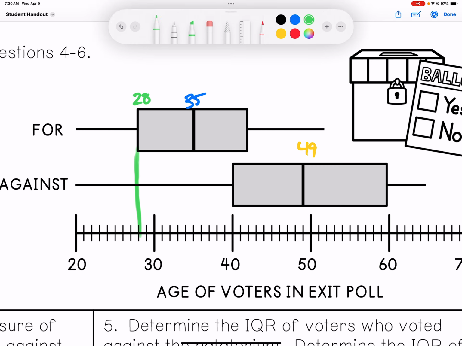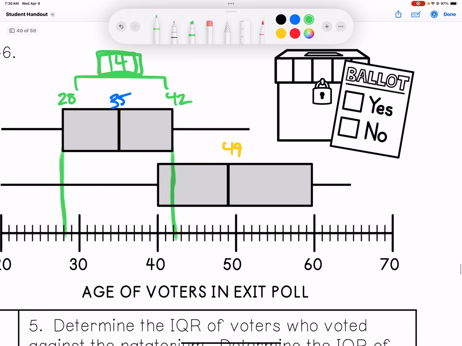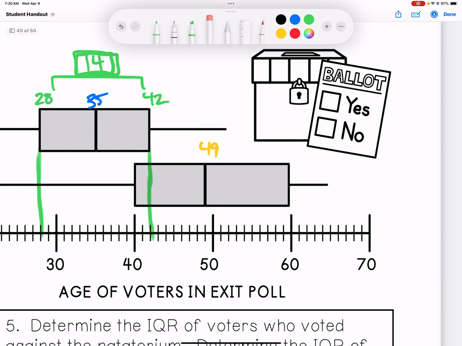Q3 is 42. Subtract those and you get 14. Okay? All right. Now let's go to the other one, the against people.